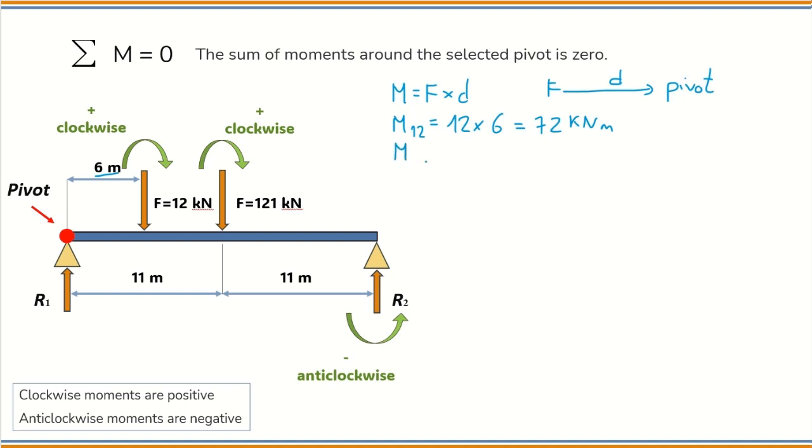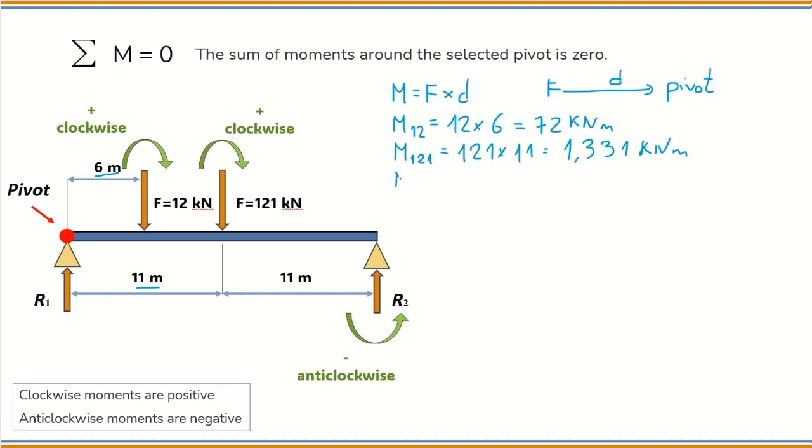The moment of the force of 121 equals the force, 121, times the distance between the force and the pivot, which is 11 meters. 121 times 11 is 1331 kilonewtons meter.